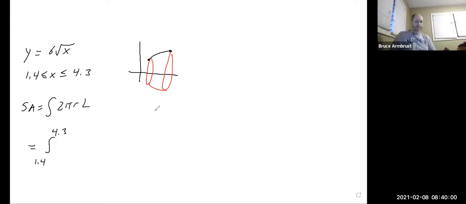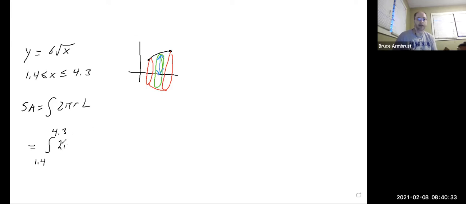So that's the same general picture that they gave us. So our x's are going to go from 1.4 to 4.3. So you think about any one of those slices, we need to calculate its radius. For some generic slice here in the middle, its radius is going to be this right here. So that's going to be the function value.